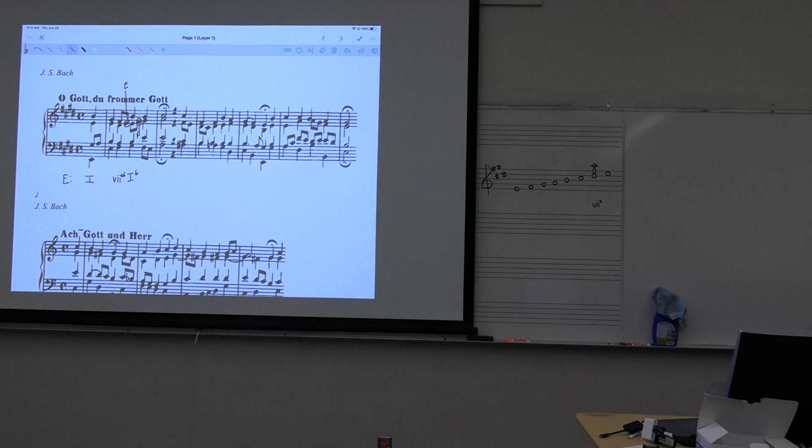And then the next measure is, from the E in first inversion, and then this next chord here, which is this. So we actually don't get the chord right away.